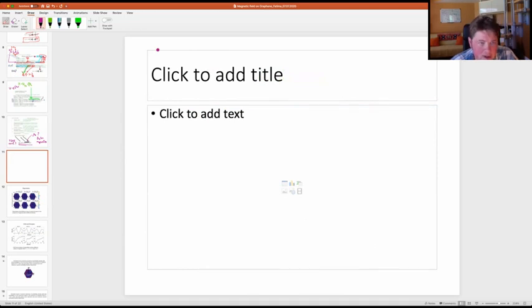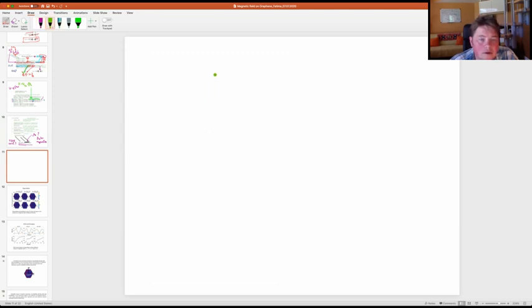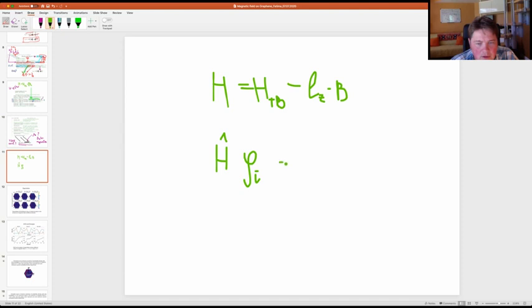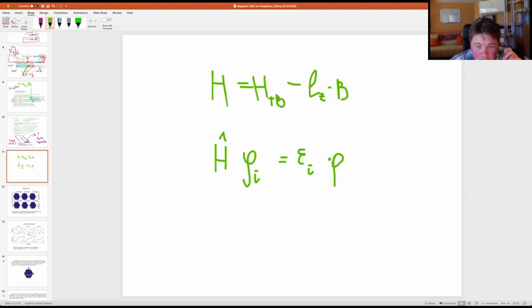Just make it as tight binding Hamiltonian minus LZ magnetic field, and then one is applying this full Hamiltonian to the unknown wave function, and this will be an equation to find the wave function in the momentum space.